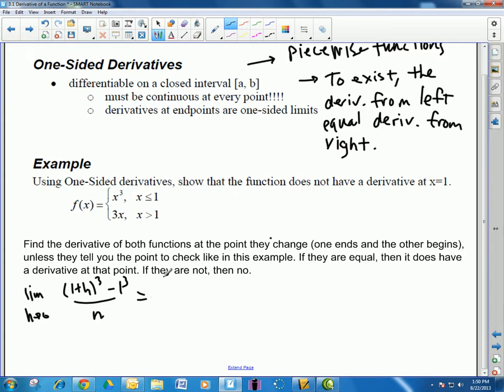When we simplify that, I'm going to jump way ahead, you'd have h to the third over h, and the h's will cancel, so you'd have the limit as h approaches 0 of h squared. Now we can plug h in, and you get 0.